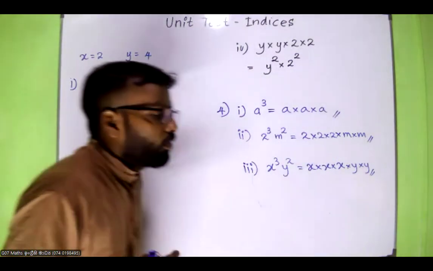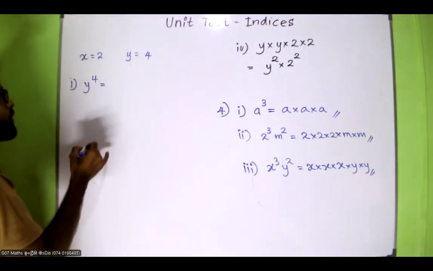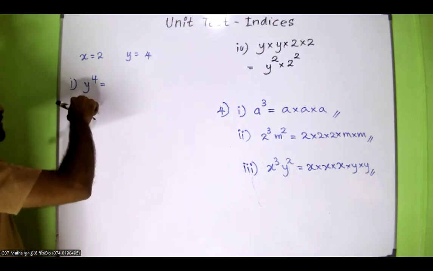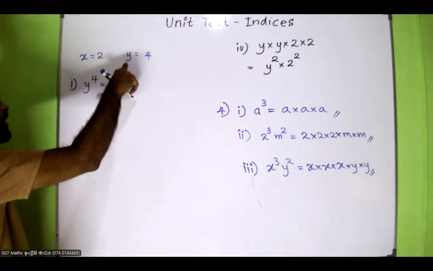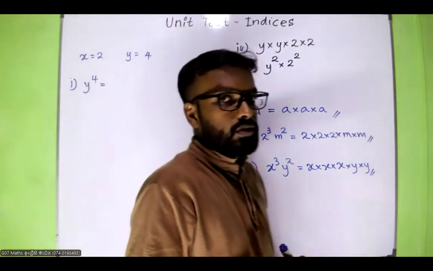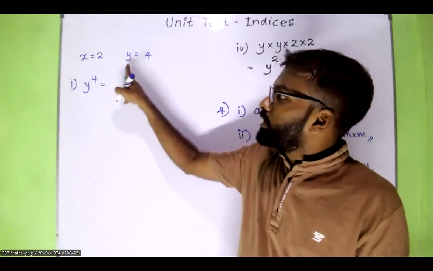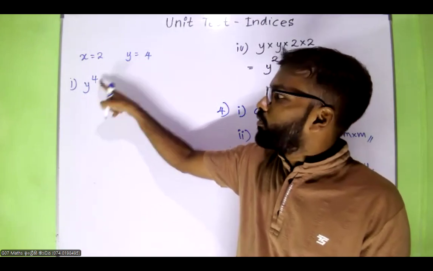Y to the power 4. So you have to substitute y equals 4 first. Here you have y to the power 4, so I am going to substitute 4 here.